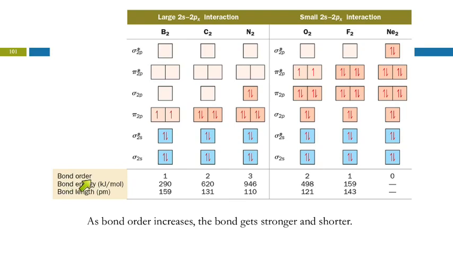So boron has 3 valence electrons, right? So we put 3 from each, gives us a total of 6 electrons. So we put them in there like this, 1, 2, 3, 4, 5, 6. And then when we look at the bond order, we're counting how many are in bonding orbitals. Well, there's 2 and 2. So 4 in bonding orbitals. Subtract the number in antibonding orbitals and divide by 2. You get a bond order of 1.